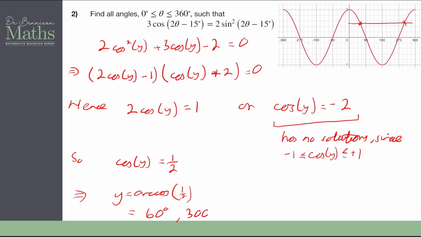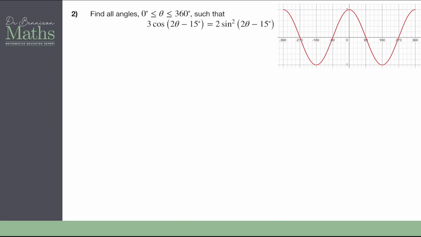300 degrees, and then 420 degrees, i.e. the 60 plus the period of cos, which is 360, 420 degrees, and 660 degrees. But I now need to remember that actually y equals 2 theta minus 15.